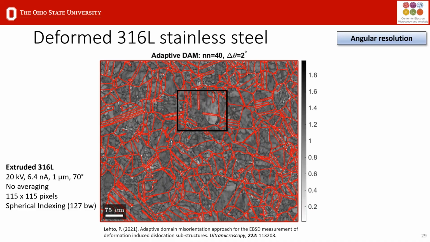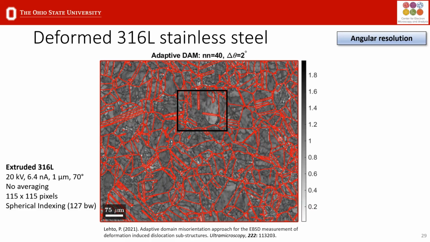I think if you apply it with just the normal Hough indexing, you get quite a reasonable result. But in that process, you have to filter the orientations quite significantly. Each additional processing step where you smooth out orientations removes gradients that might be present in the sample, related to the deformation.